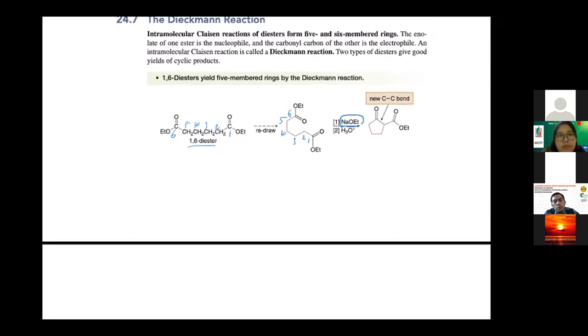Sodium hydroxide is used here. This is the alpha position. The nucleophilic attack happens here, at carbon 5.